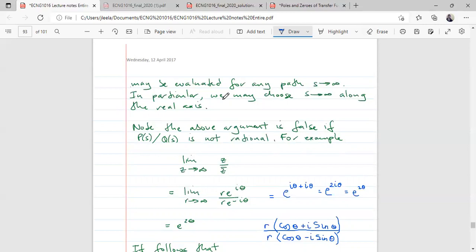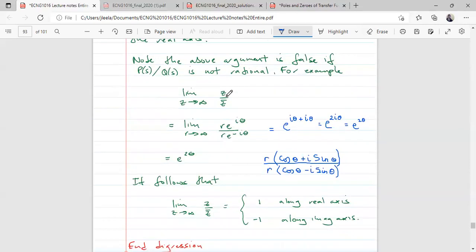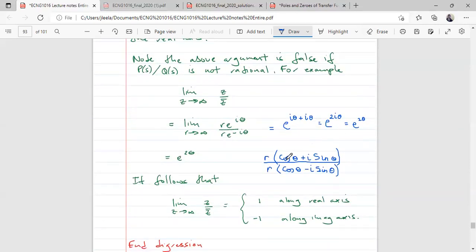You'll get e to the i theta plus i theta, which is e to the 2i theta. And then you're focusing along the real axis. Now this here could also be written, r e to the i theta, could be written as r into cos theta plus i sine theta. And r e to the minus i theta could be written as cos theta minus i sine theta.